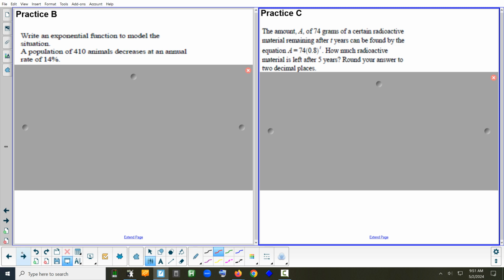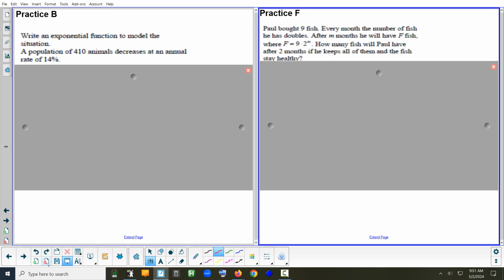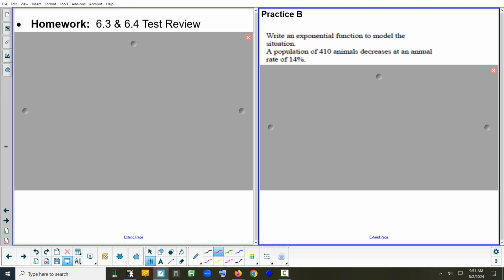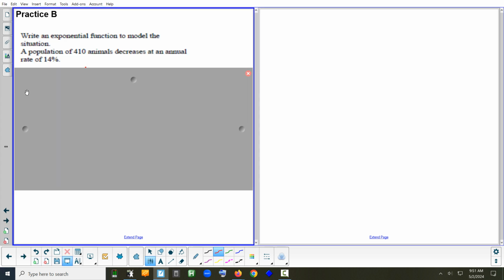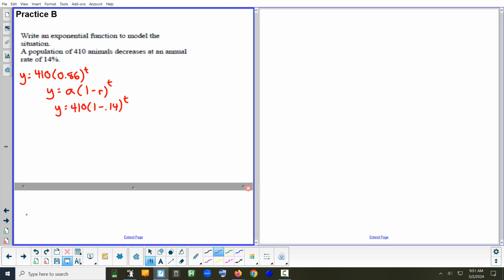For B, yep. We're not doing C or D. Y equals 410, parentheses 0.86, to the power t. Yep, y equals 410. I just didn't do the last step. 0.86 to the power of t. Perfect.